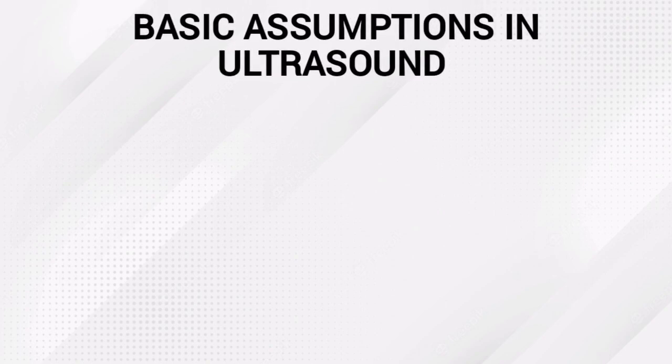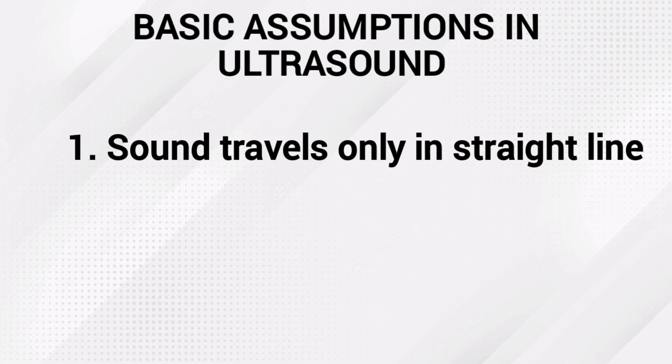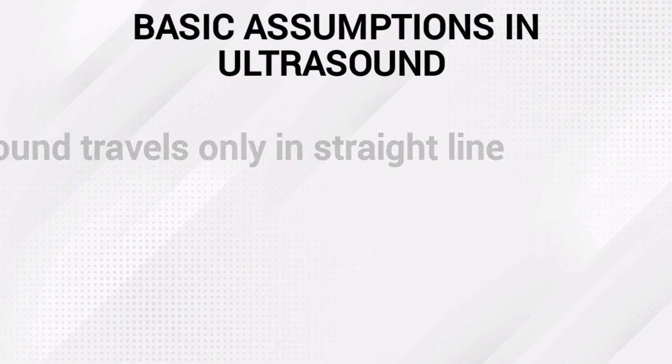So these assumptions include, one, sound travels only in a straight line. That assumption is not true, because in reality sound may be refracted or deflected in a different direction before returning to the transducer.